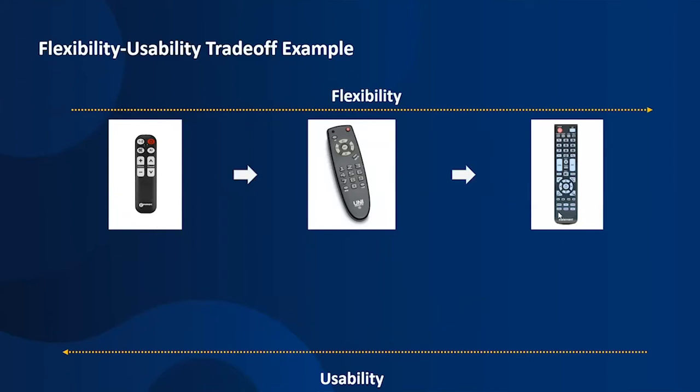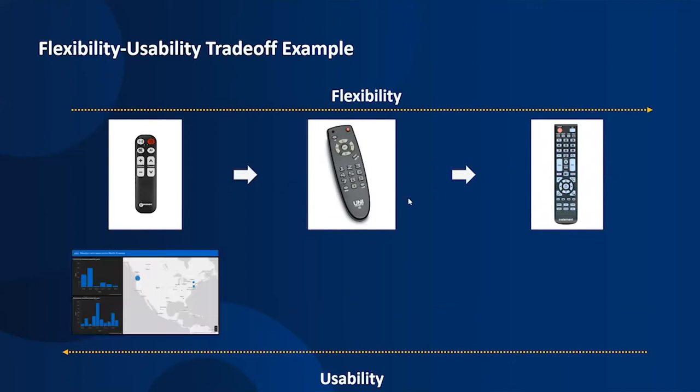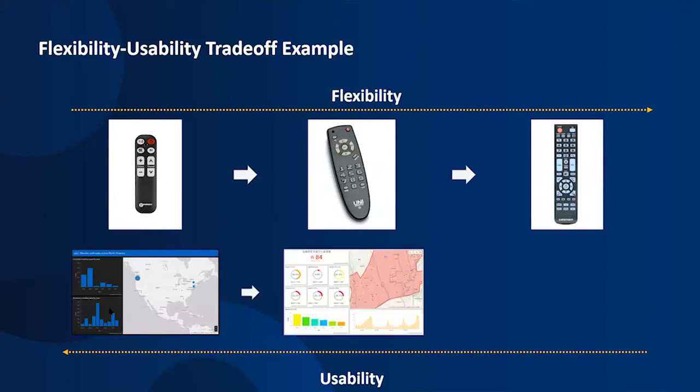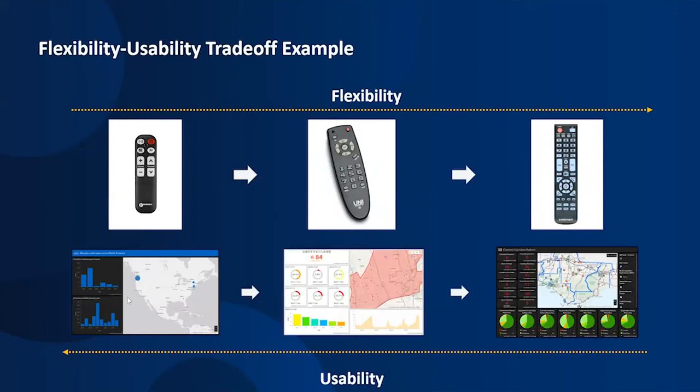On the right, the flexibility is very high, you can do a lot of things with it, but the one here is usable for me if I just want to switch between channels. So the flexibility increases as you go right. The same thing applies to the operations dashboard. For example, I have this dashboard here on the left. In this dashboard, I am just focusing on two series charts and the map.